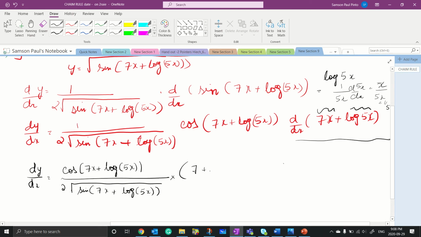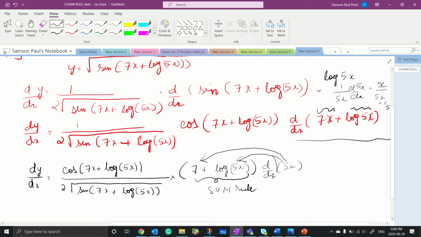So it would be wrong to write log of 5x into differentiation of 5x, because this term doesn't multiply to both of them, because here you use the sum rule.